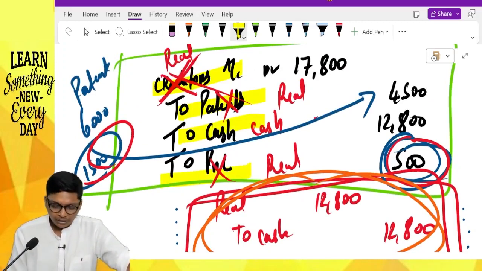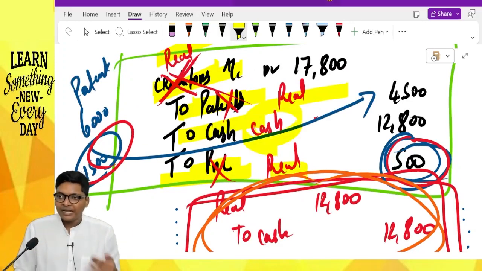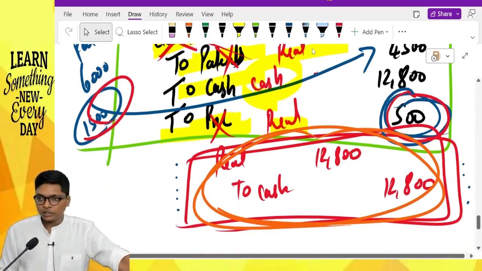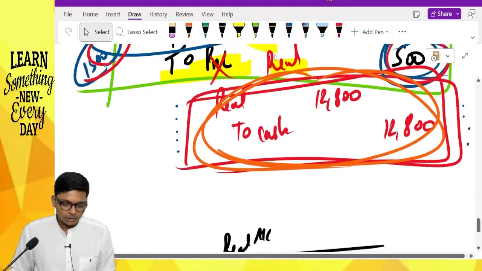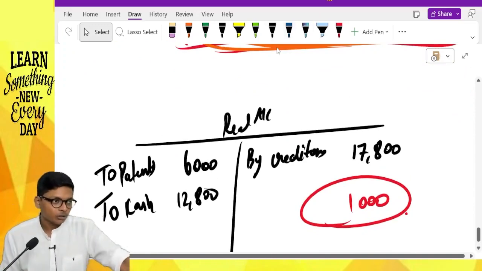For these there is no ledger, so creditors go to realization, patents also realization, P&L realization, set off, and only cash remains, so we have the entry realization to cash 12,800. That you all understood. You will pass the entry and post it. Correct? Now, as of this stage, look at your notebook.